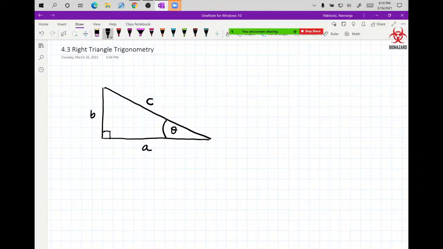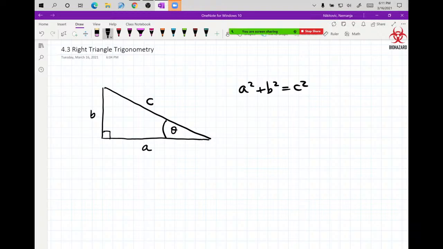Now, we are all familiar, hopefully, with the right triangle, which has three angles and three sides. For the right triangle, we have the Pythagorean Theorem, one of the formulas we might know from the past, where a squared plus b squared is equal to c squared.